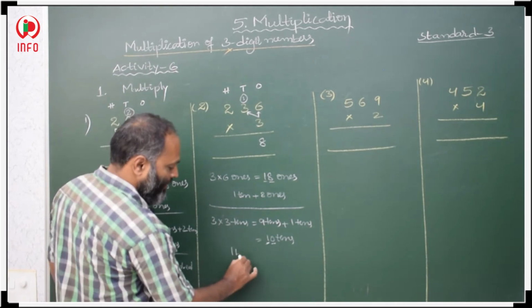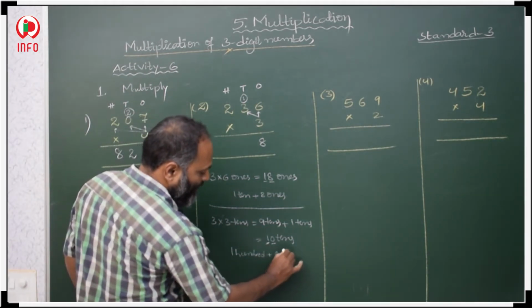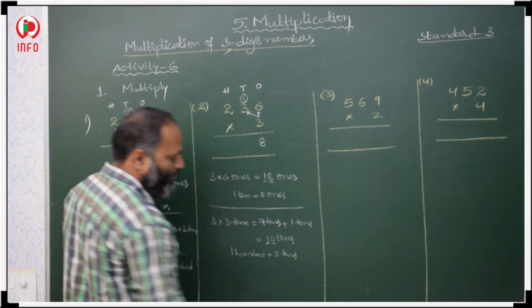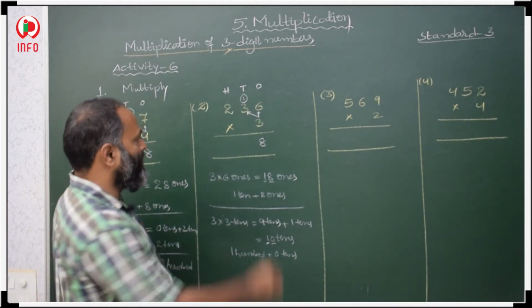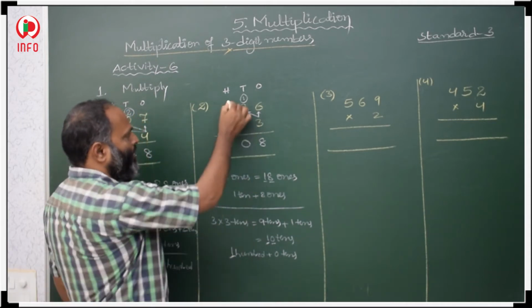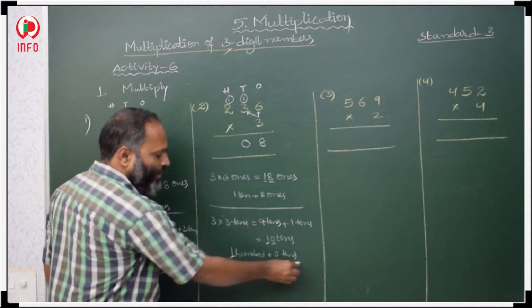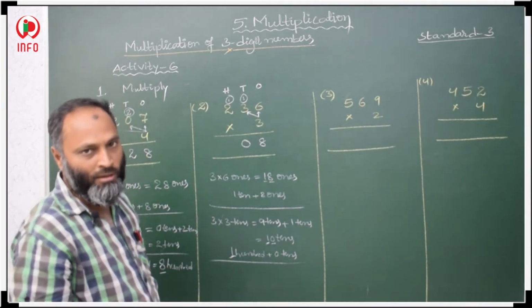That means 100 plus 0 tens. So in tens place we keep 0, and this 100 we carry over to hundreds place. So then tens multiplication is over.